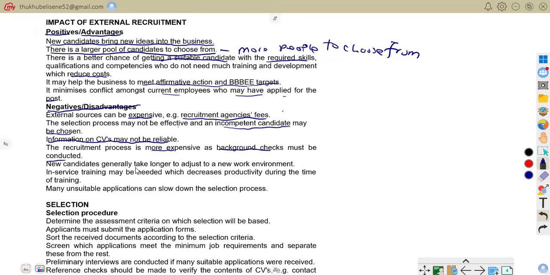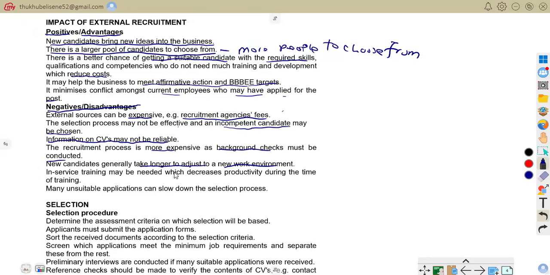New candidates generally take longer to adjust to a new work environment. We're talking about slower adjustment to the workplace. New hires need time to adapt. For example, new employees take weeks to understand company systems.